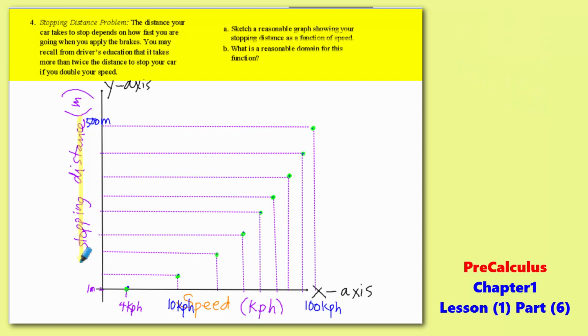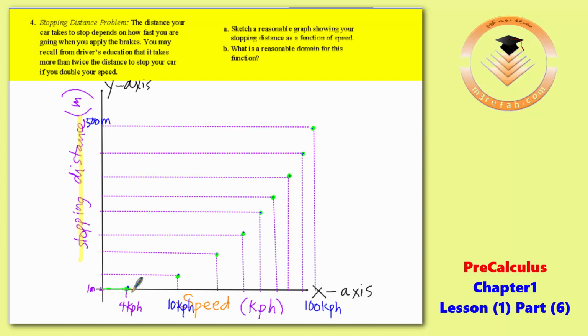So let's connect the points, or the dots. From here, it shouldn't be less than 0.